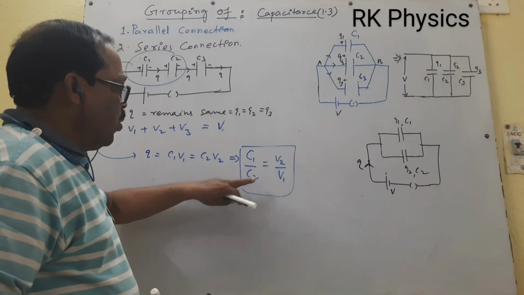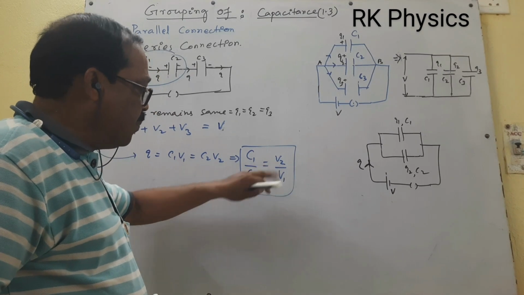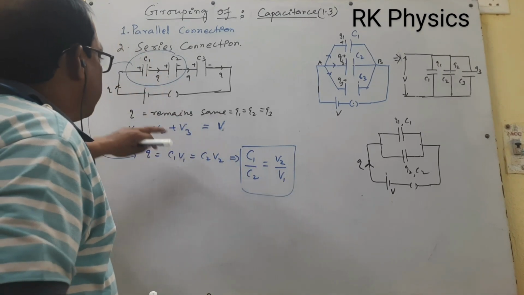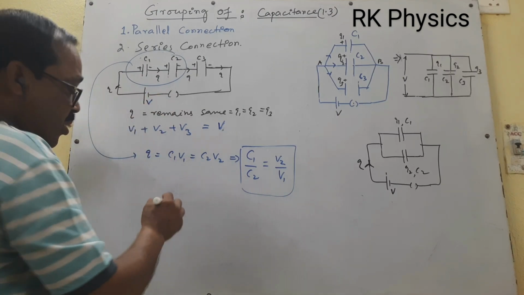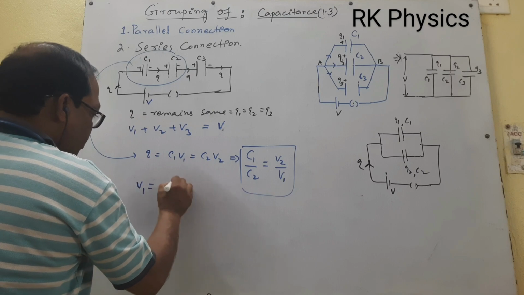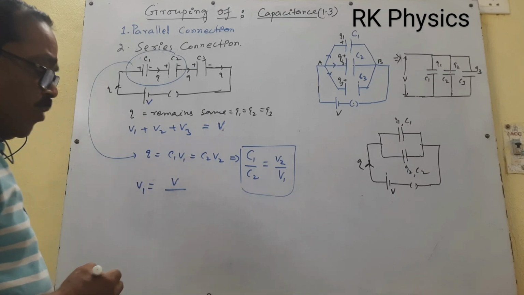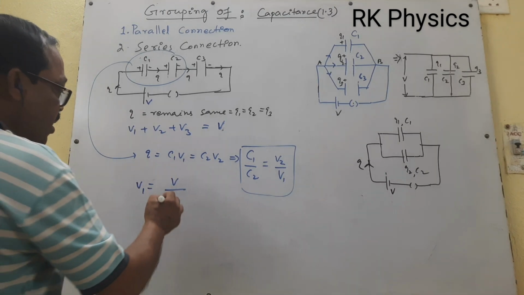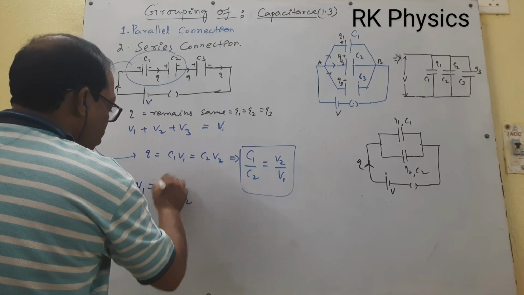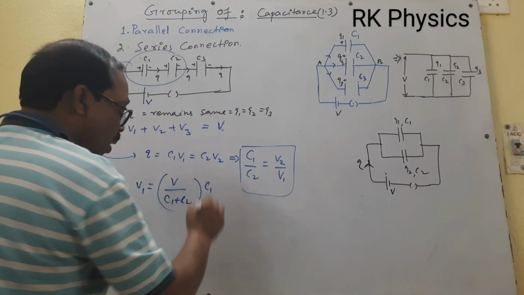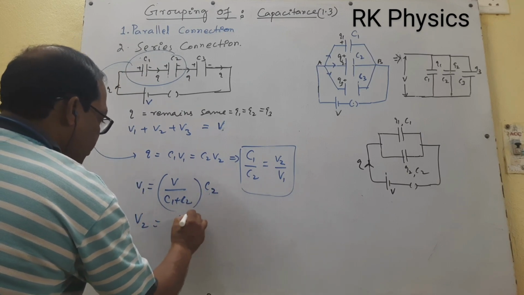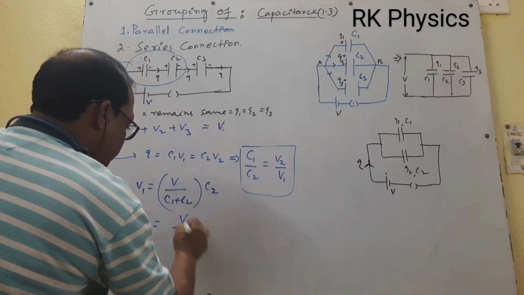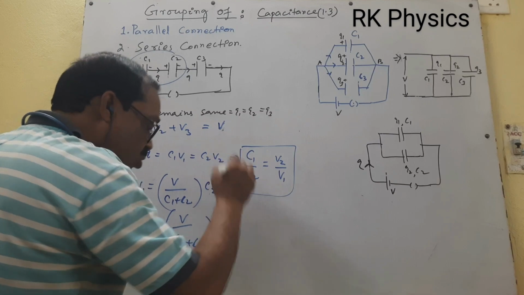Now how are V1 and V2 related to the potential of the cell? V1 is V divided by C1 plus C2 into C2, whereas V2 is V divided by C1 plus C2 into C1.